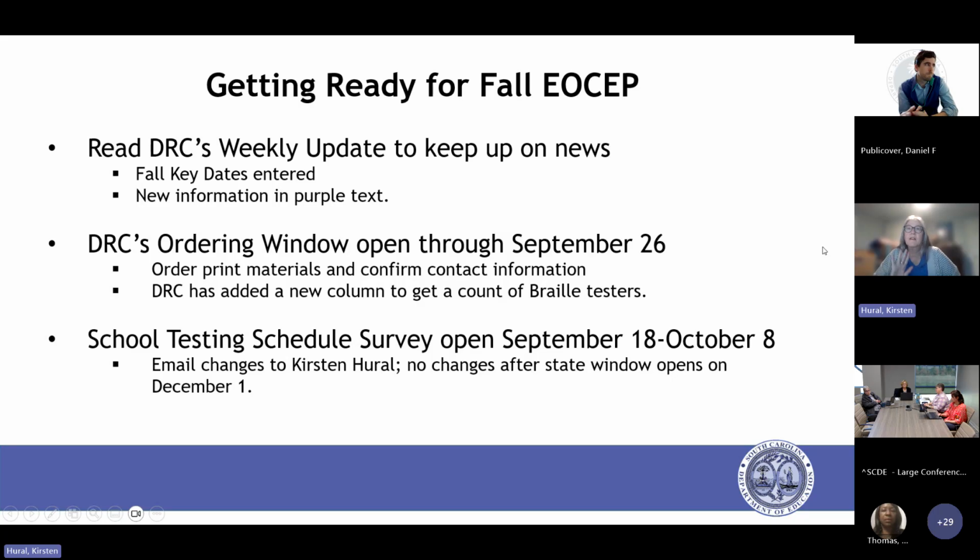But I will say that ordering your Braille and getting the count of Braille testers to DRC during the ordering window is very important. For end of course, as you know, we have so little print testing. We are down to less than 100 print testers in the entire state across all 4 subjects. So very, very small numbers of print testing.